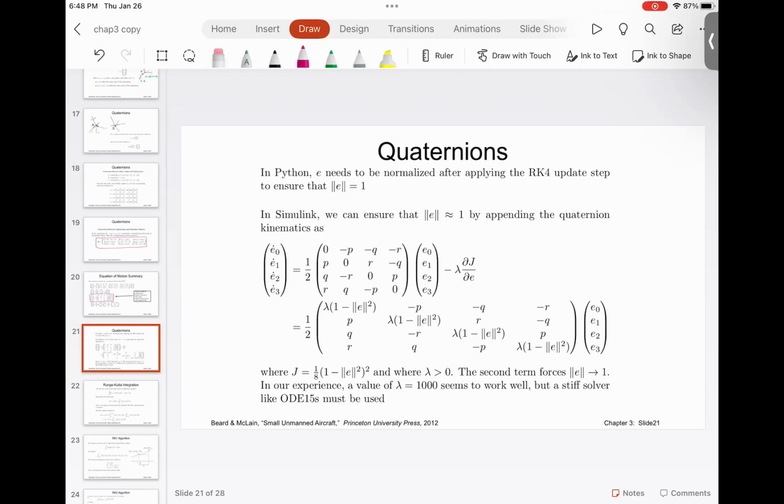your quaternions will be normalized. So there are two options. Find the solution, add one more step, and in that step you normalize it before the next iteration happens. Or you add a constraint so that the integration itself keeps the quaternions normalized.